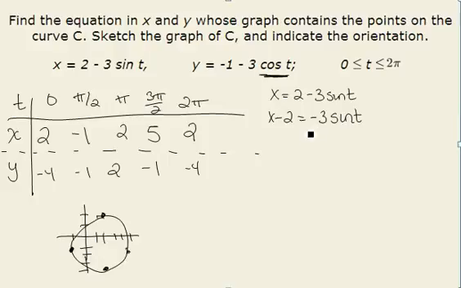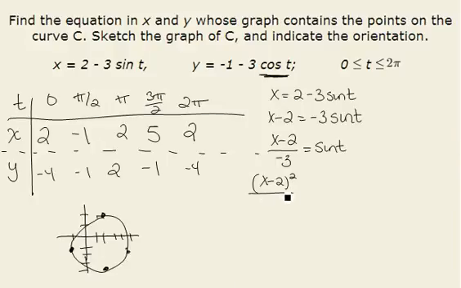Dividing both sides by negative 3, we get x minus 2 all over negative 3 is equal to the sine of t. If we square both sides, we get x minus 2 squared over negative 3 squared, or 9, giving us sine squared t.